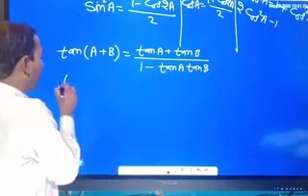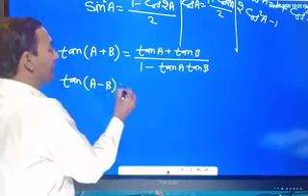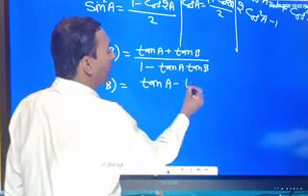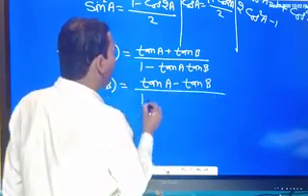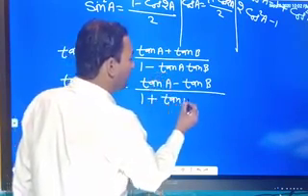And tan(a minus b) is tan a minus tan b, then the sign changes. In the numerator we take minus sign: tan a minus tan b divided by 1 plus tan a tan b.